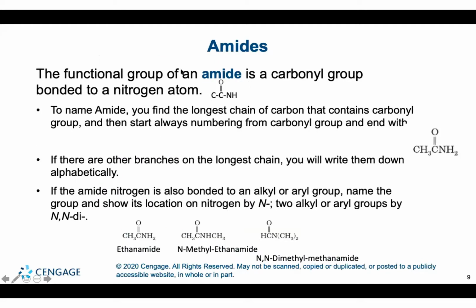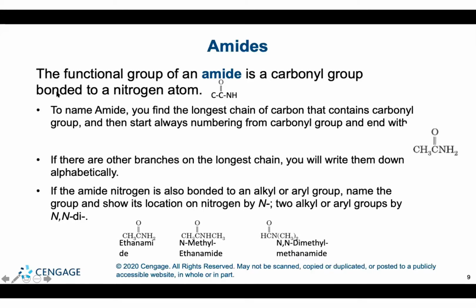Let's talk about amides. The functional group of an amide is a carbonyl group. You see the carbonyl group here, C double bond O, bonded to a nitrogen atom. When you see this, it's going to be an amide functional group. Let's name an amide. To name an amide, you find the longest chain of carbon that contains the carbonyl group. So let's try this amide, because I have a carbonyl group and I have nitrogen attached to it directly.